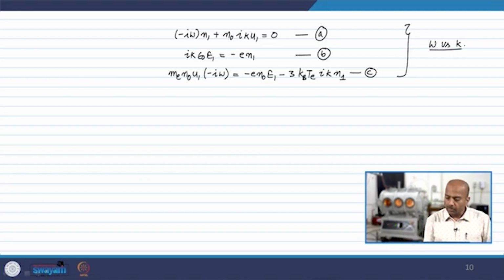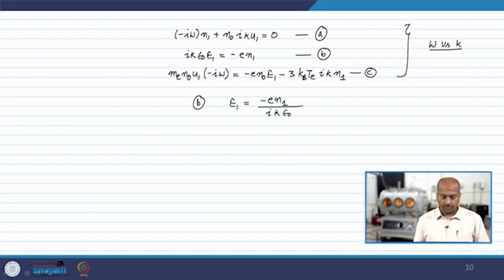So, from equation B we can write E1 as equal to minus e n1 divided by i k epsilon naught.